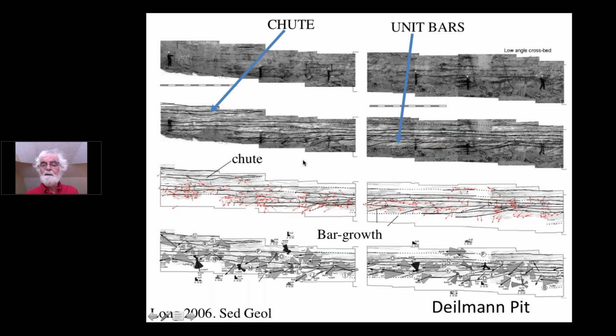In this particular sequence from the Athabasca Basin, I found the first clear evidence of perennial flow rather than periodic flash-type flow, in that there is discrete bar growth indicated by addition of unit bars, essentially.